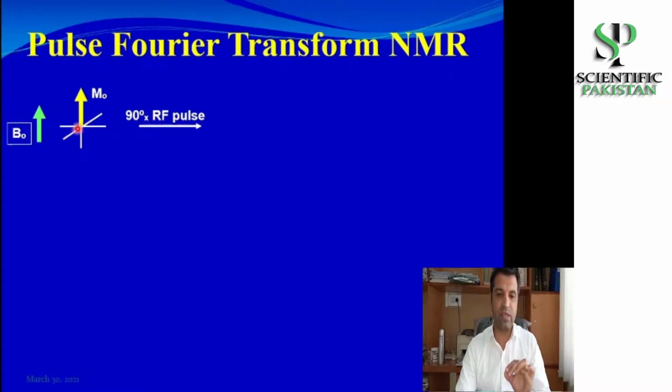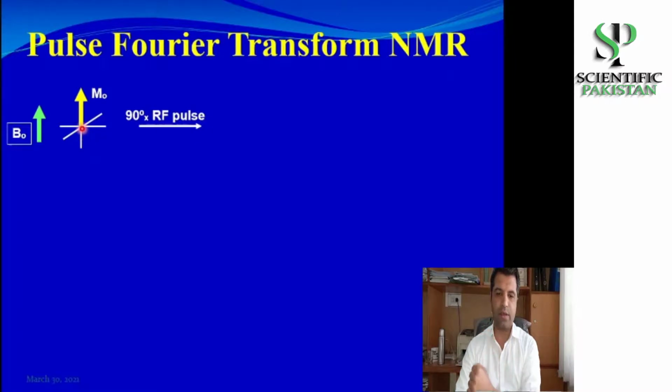Now, if this is your X-axis and you are giving your pulse in this direction, where will your M naught go? This can be seen from the left hand rule. If the thumb of your left hand points in the direction of the pulse, for example towards the x-axis, then the curved fingers will point in the direction where your M naught will move.